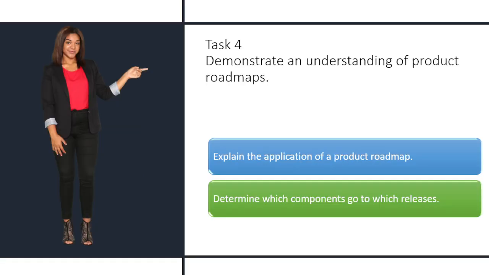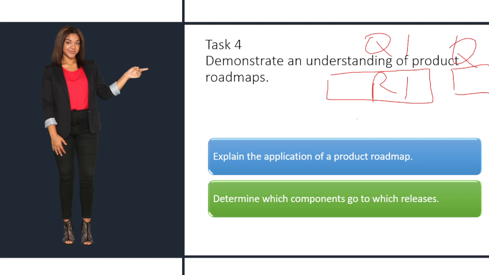Task 4, demonstrate an understanding of product roadmaps. A product roadmap just shows you the sequence of higher level events on the project. So you could have release 1, Q1, Q2, release 2.